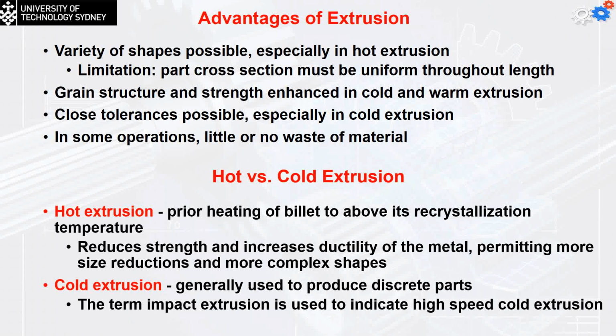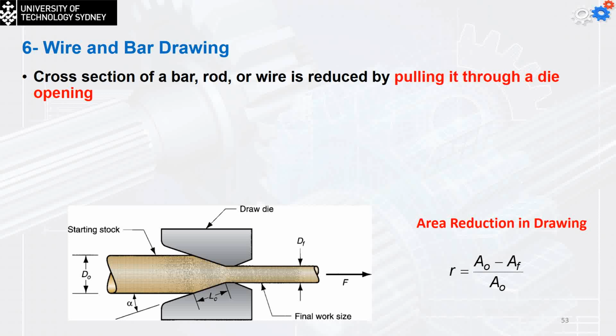Now, as opposed to extrusion, where I force the material by pressure through the die, there is another process, widely used to make wires and bars, called wire and bar drawing. This one is not extrusion; it is drawing from the other side.